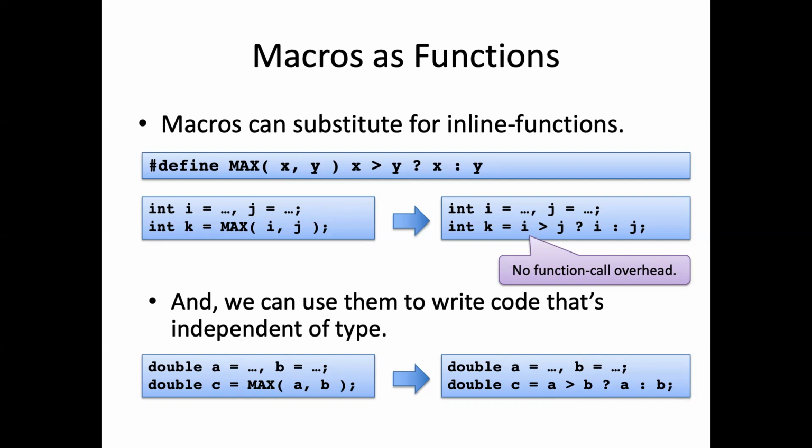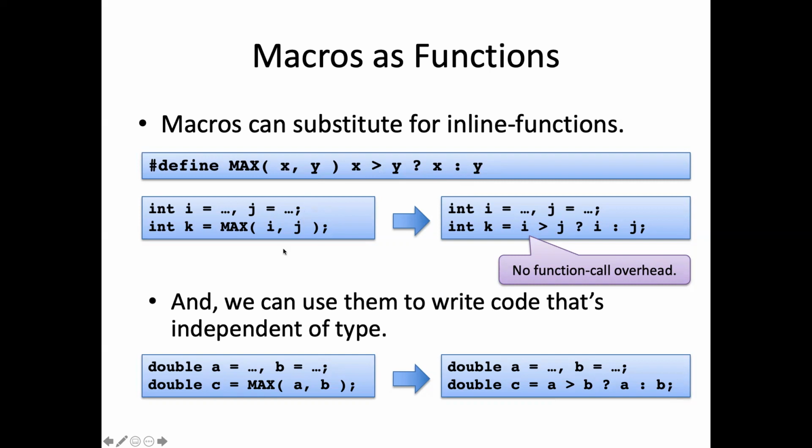I defined a macro that computes the maximum of two values. Notice it takes two parameters, and I just had to separate them by commas. Its definition uses the ternary operator, and it does what you normally do to compute the max of two values. It compares them. If x is bigger, it evaluates to x, otherwise it evaluates to y.